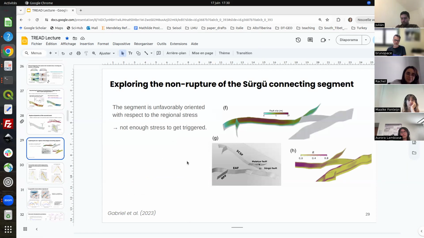So yeah, I have maybe a second question, and then we'll see if somebody else has ideas. I was wondering about the arrest. The fault length is something that you input, so you cannot predict how large the earthquake will be.